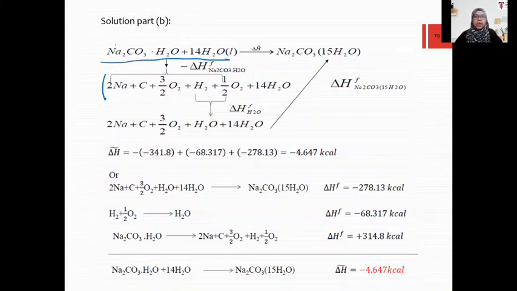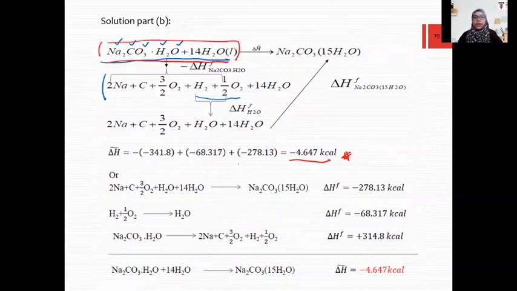So we have the sodium, carbon, oxygen, hydrogen, as well as the oxygen. And then we need to add 15 mole of water. This is for the part of water, and then plus 40 mole, it gives us the 50 mole of water. We sum up all the values, so we can obtain the heat of solution using the calculation part.